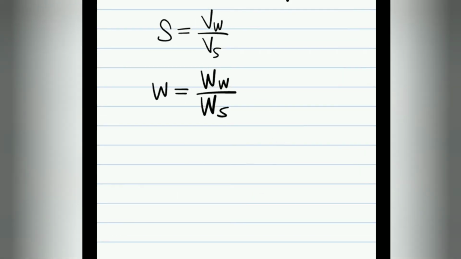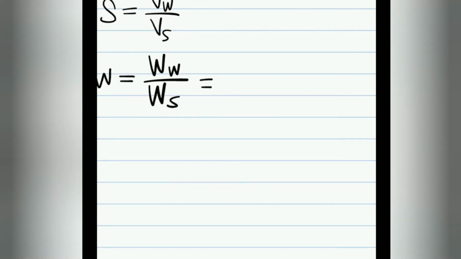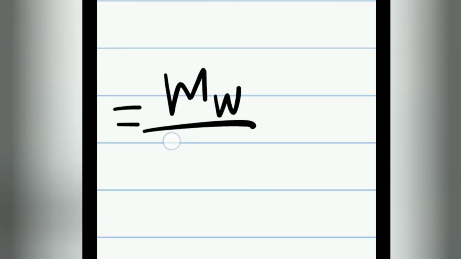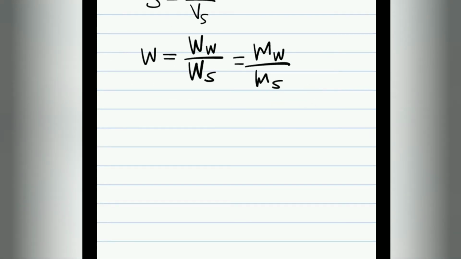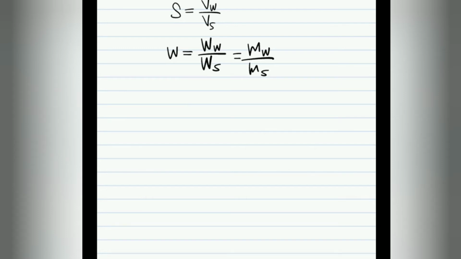So for degree of saturation, it's in terms of volume, while for water content or moisture content, another term is moisture content, you have weight. And since you're referring to weight, that can also be mass, yeah? Mass of water over mass of solid. You just remove the acceleration due to gravity since this is weight. Alright, that's water content and degree of saturation.